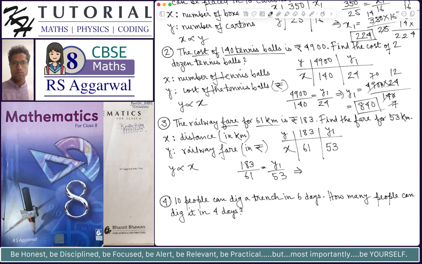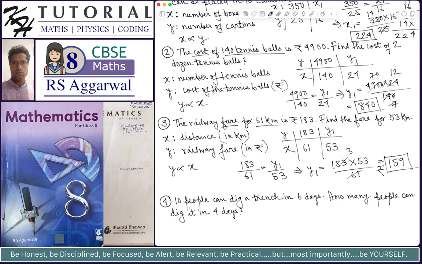So y1 is equal to 183 multiplied by 53 divided by 61. 61 divides 183 three times, and this is 159. So rupees 159 is the railway fare for 53 kilometers.